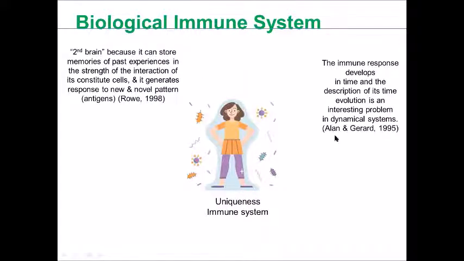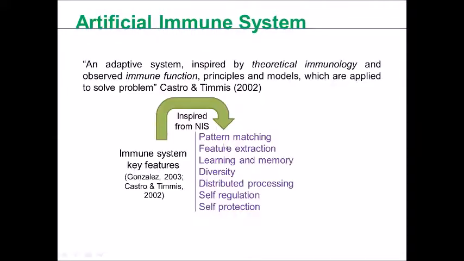And then according to Allen and Girard in 1995, the immune response developed in time, and the diffusion of this time development is an interesting problem in chemical systems. So these are the key features that can be derived from the beauty of our biological immune system. It has the recognition process. It can offer the mechanism of pattern matching, feature extraction, learning and memory.